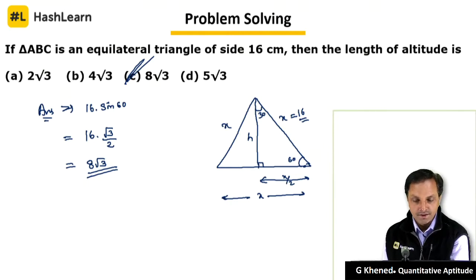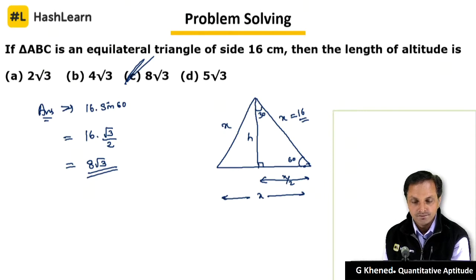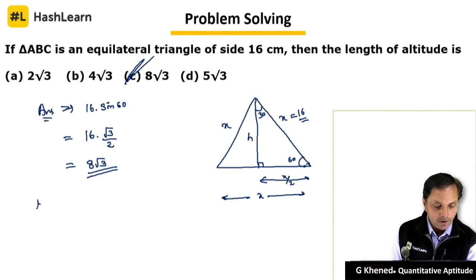The vertical component is x into sine 60, or 16 into sine 60. There is a direct formula also, you can make a note.